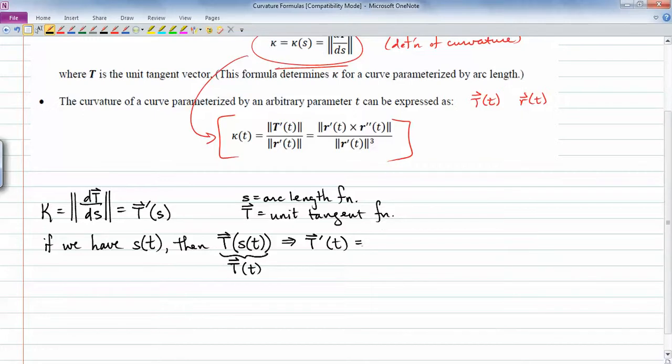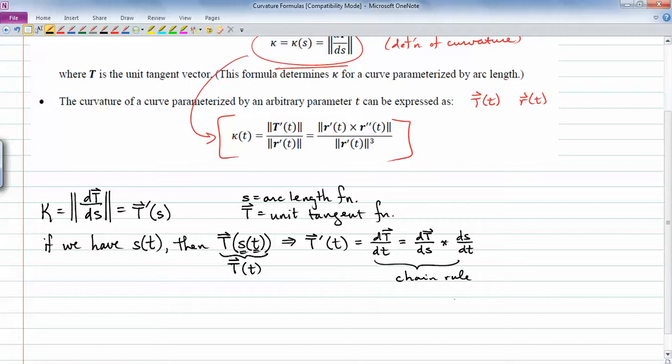T prime of t, if you use the chain rule, would be dT/ds, the derivative of the outer function with respect to its variable, times ds/dt, the derivative of the inside with respect to the innermost variable. So this right here is the chain rule.